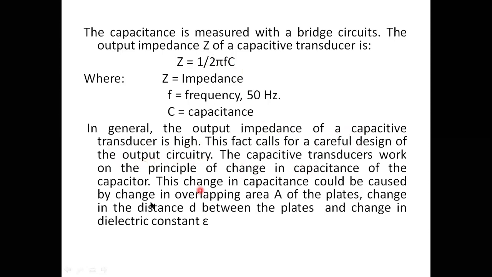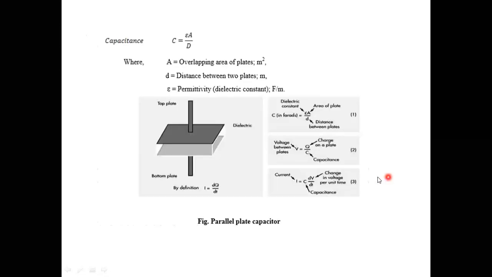The capacitor transducers work on the principle of changing capacitance of a capacitor. This changing capacitance could be caused by changing the overlapping area of the plates, changing the dielectric, and changing the distance between the two plates also. As I said, C equal to epsilon A by D. Capacitance varies if I vary the permittivity, or if I vary the overlapping area of the plates, or if I vary the distance between the two plates.